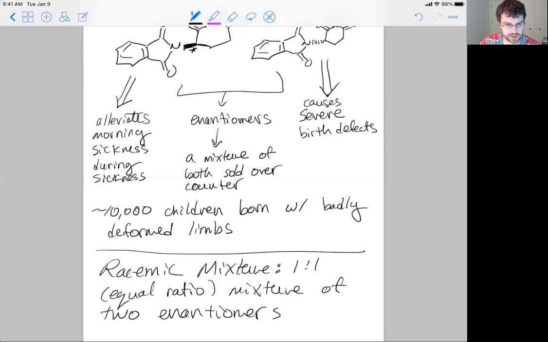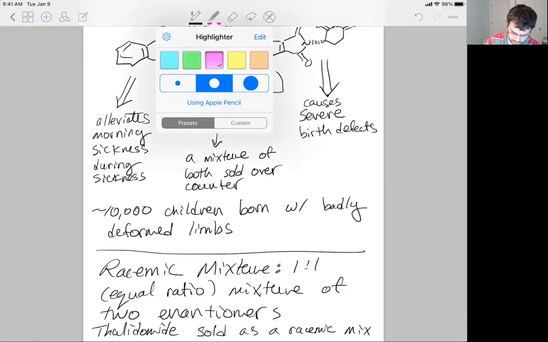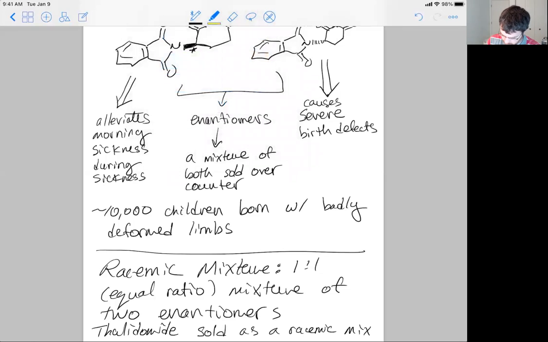So this is an important term as we're trying to understand some issues in chirality and stereochemistry, and what we would say then is thalidomide was sold as a racemic mixture at the start, at least. So thalidomide was sold as a racemic mixture, and racemic mixture is just a one-to-one mixture of 2 enantiomers.